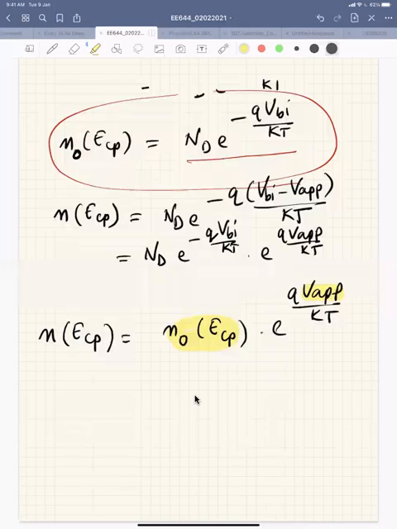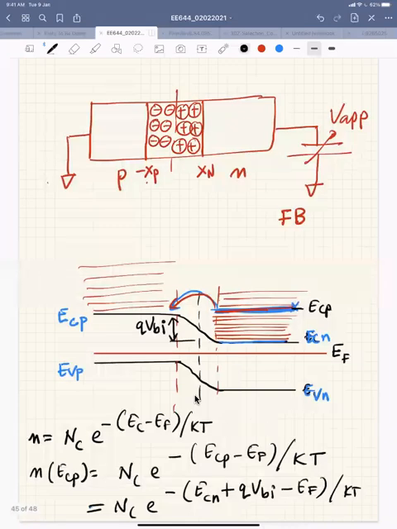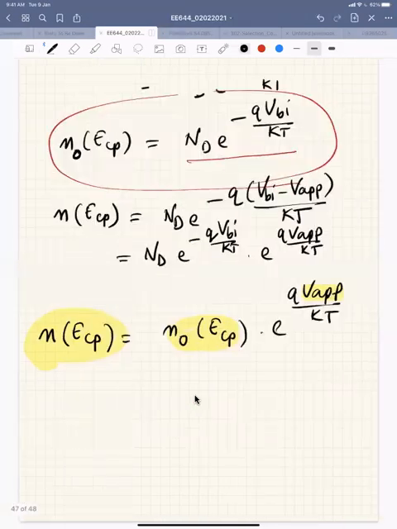So NECP is the injected electrons, the electrons at the edge of the depletion region, because electrons could easily inject from N to this side.